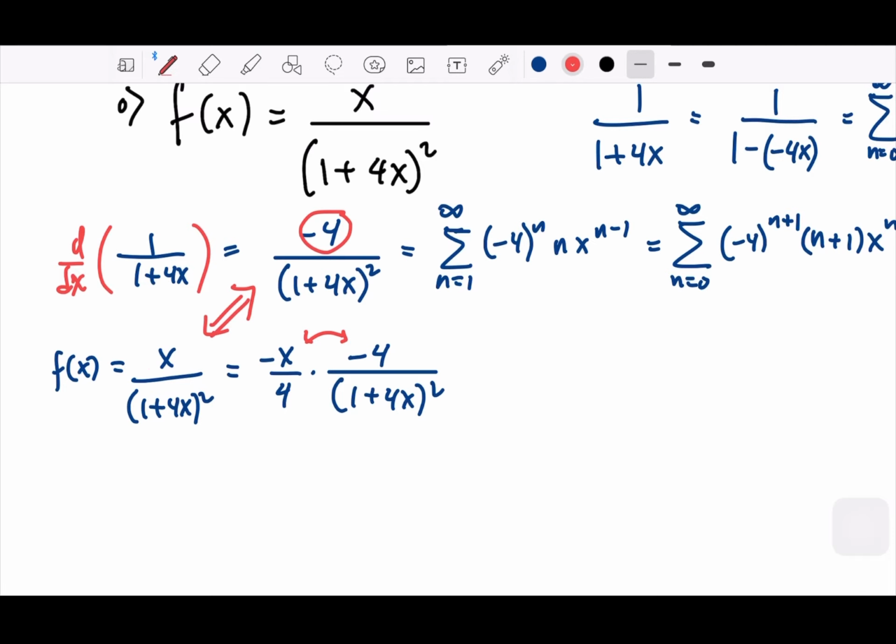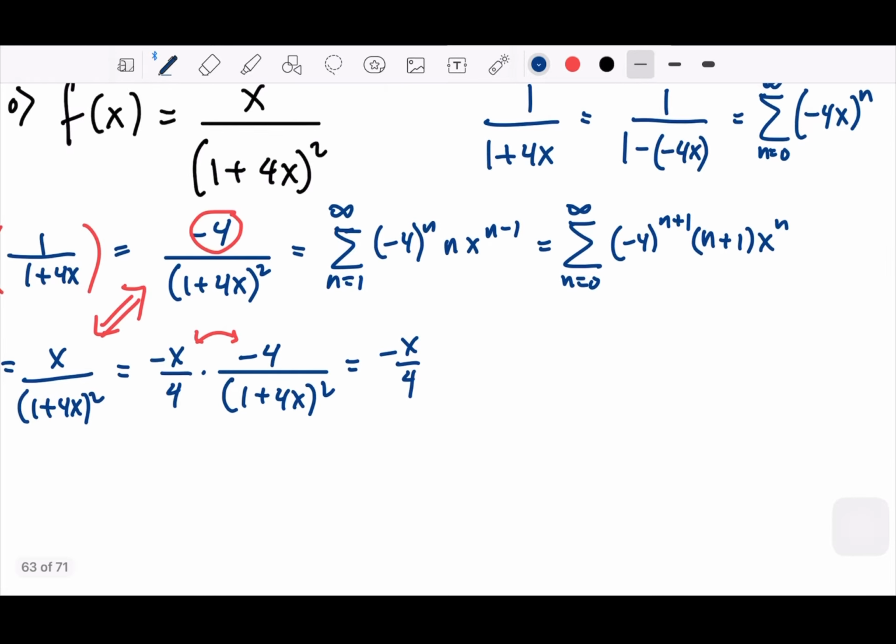Okay, so let's do that. So -x over 4, and we are going to include this inside this sum.